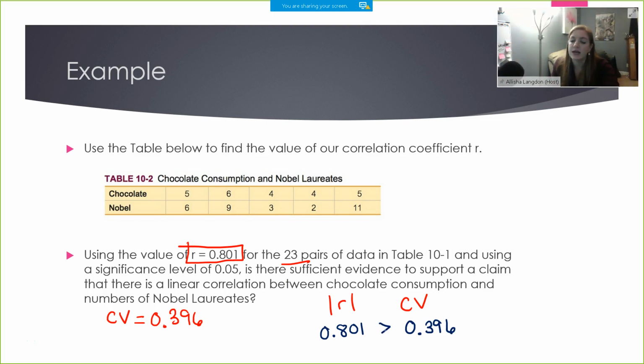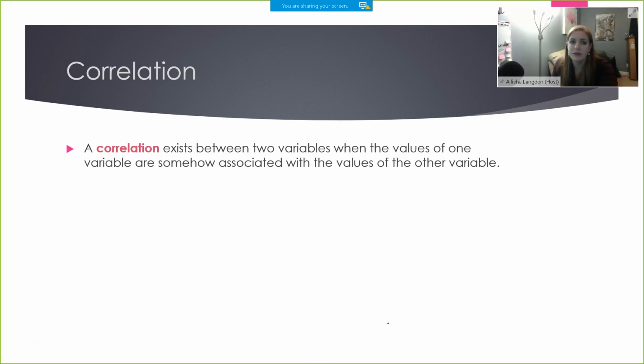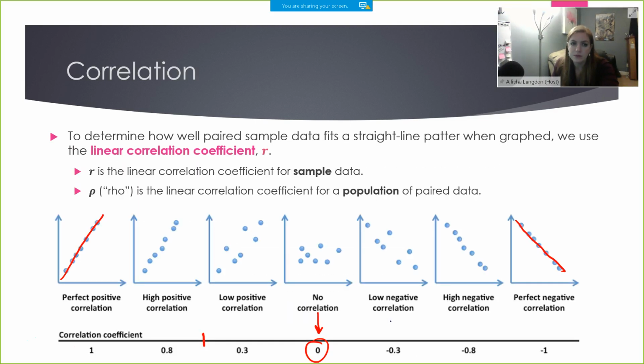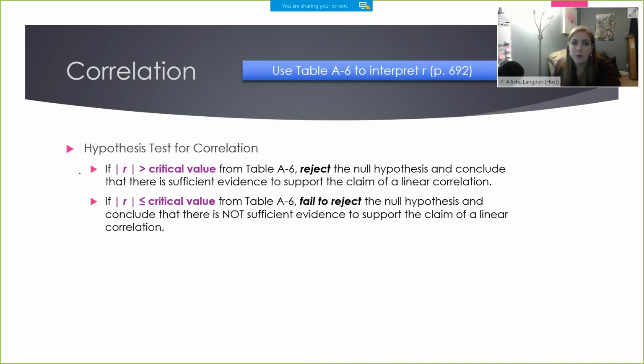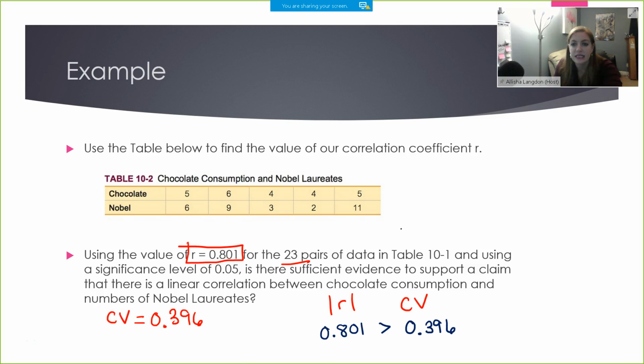So I'm going to go back to my slide where I had my conclusion. Okay. And we're in this situation where my R is greater than my critical value. That's what you guys told me. That means I should reject my null hypothesis and conclude that there is sufficient evidence to support the claim of a linear correlation.